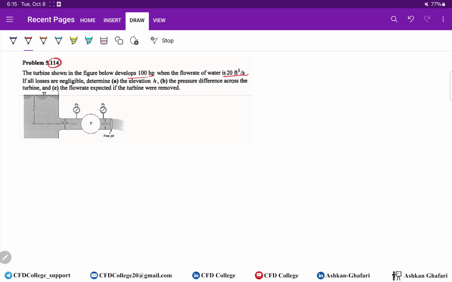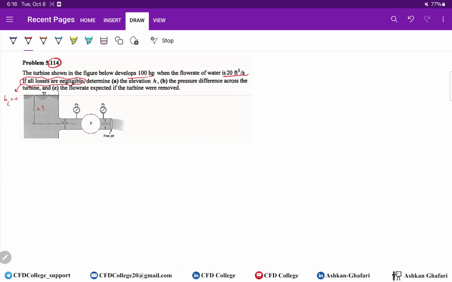So we know the flow rate and the net power of the turbine. If all losses are negligible, it's important, it means that HL equals 0, there is no loss. Determine A, the elevation H; B, the pressure difference across the turbine, P3 minus P4; and C, the flow rate expected if the turbine were removed. So if there was no turbine, we should find the flow rate.